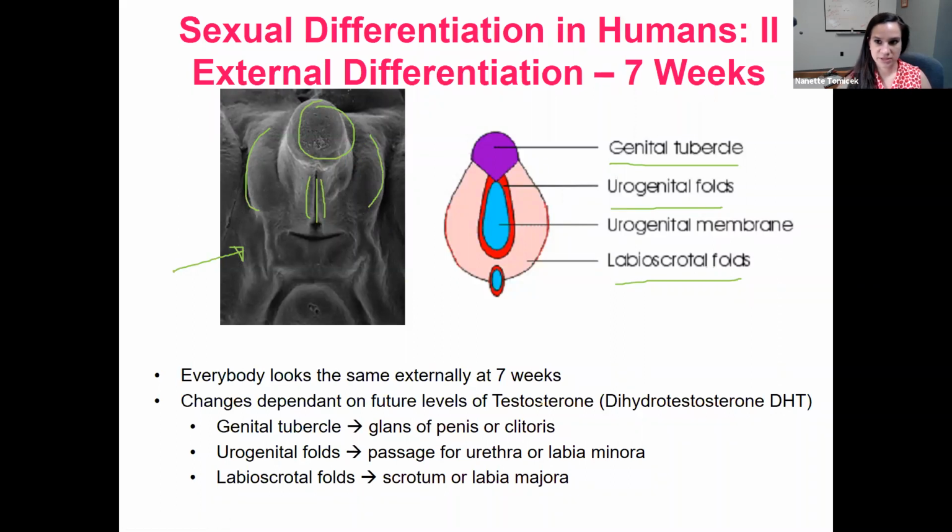A lot of these changes in development are dependent upon testosterone or the lack thereof, and more specifically dihydrotestosterone. That's something we'll talk about a little bit more at the end of the lecture, because we can get some of these structures to form partially one way or the other.